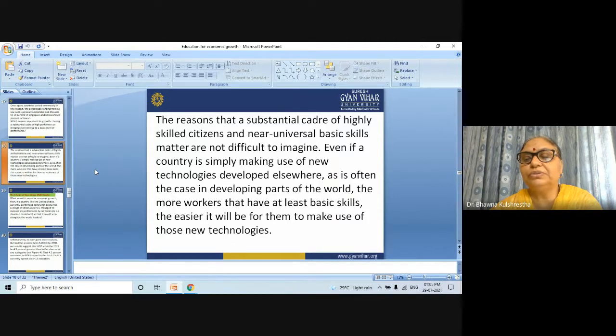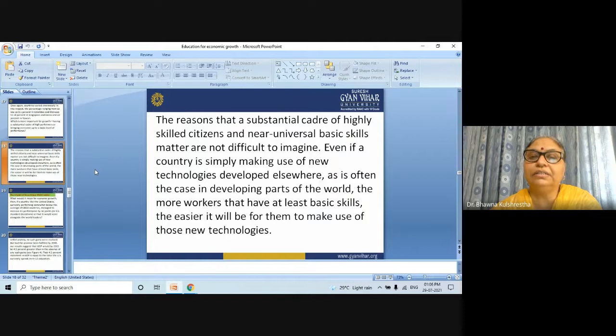But so is a labor force that has the basic skills needed to survive in a technologically driven economy.